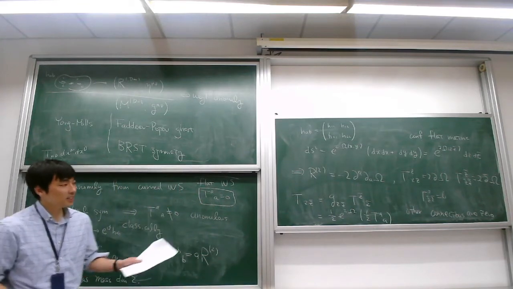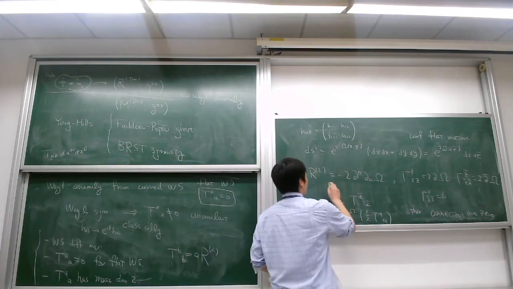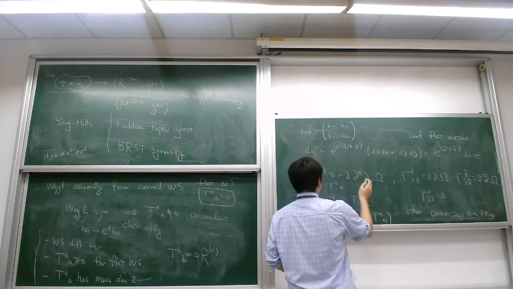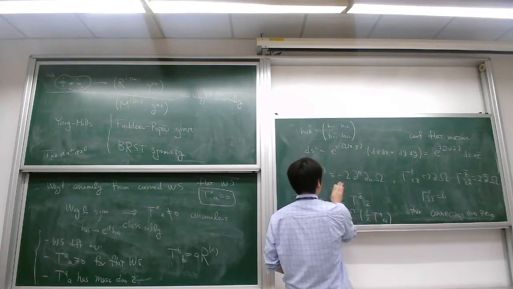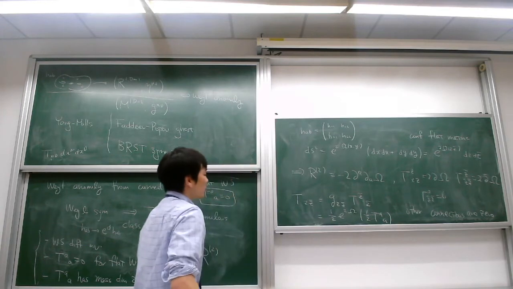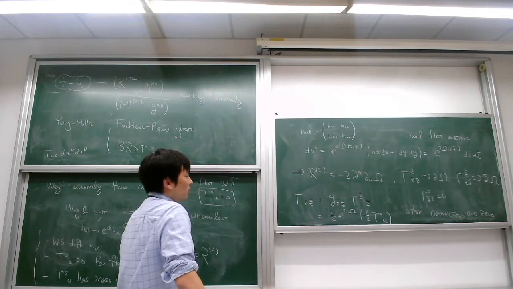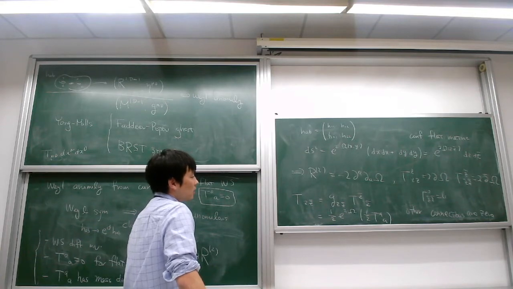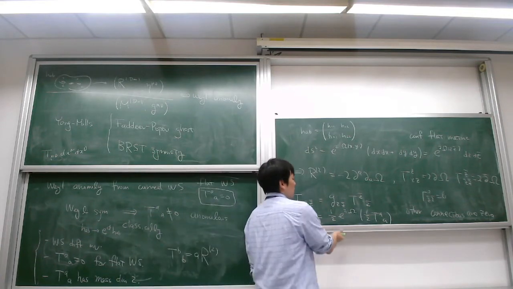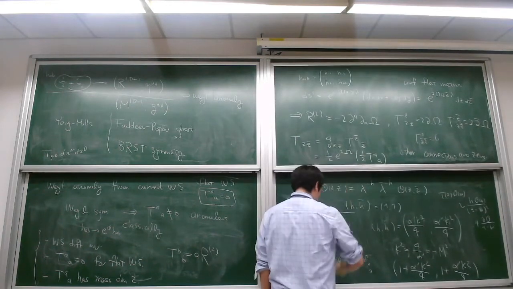So T_{z z-bar} is equal to, sorry, I think I made a mistake. Am I doing the correct thing? I hope so. I think this is correct.